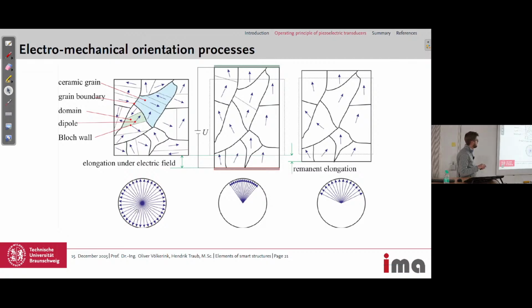Then if we apply the field, we have a strong orientation in one direction, and if we remove the field again, we lose a bit of this orientation again. Describing this polarization process with these circle diagrams could also be a nice question for the exam, I think.